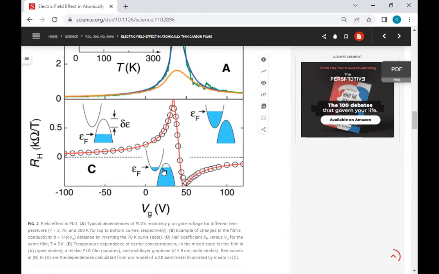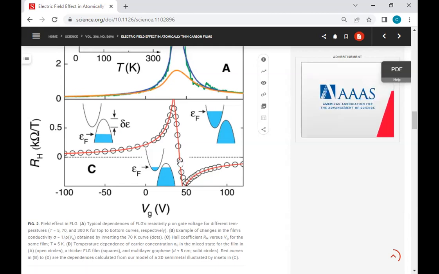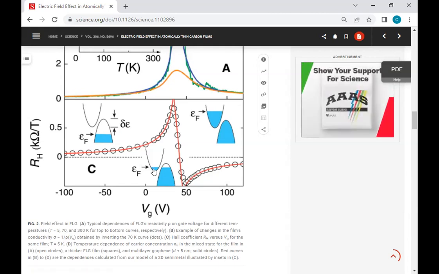So once you have electrons and holes together, it starts coming down. And after it came down here, from here forward in gate voltage, you would have mostly electrons in the system. So that's the idea that they had. That's what they thought they had, and that's the picture that proves that for them.